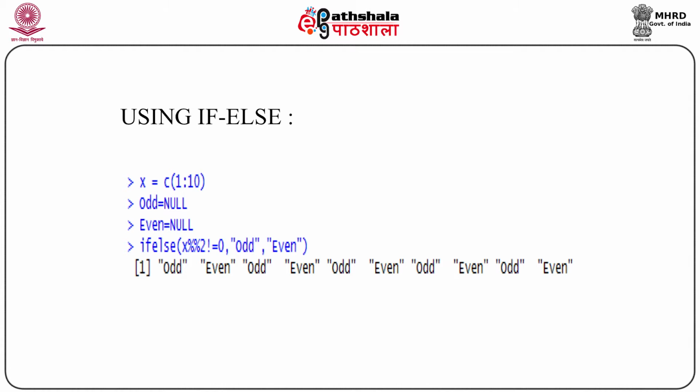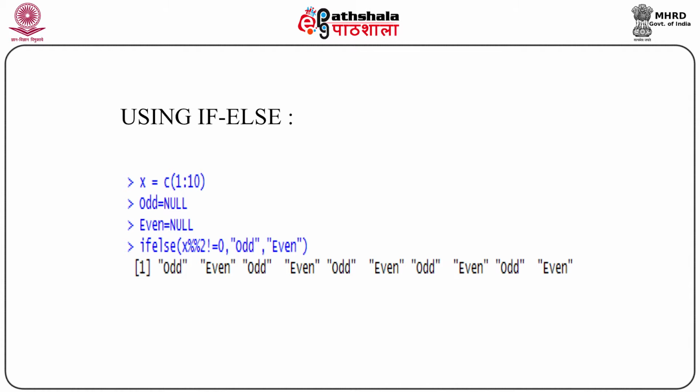From the symbols described in one of the previous slides, by now we know what a not equal sign is. So, we are putting the test to be performed, that is x not equal to 0, in the first position, and then the true and false values.